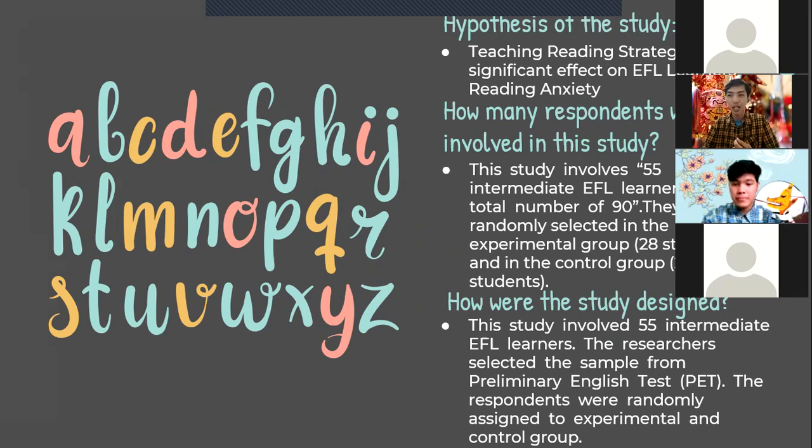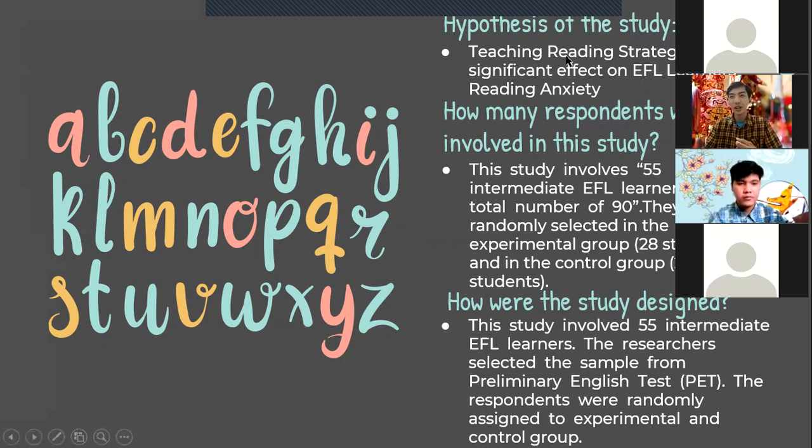Okay. The independent variable is the variable that treats the dependent variable, and the dependent variable is the caused one, the effect of the treatment.